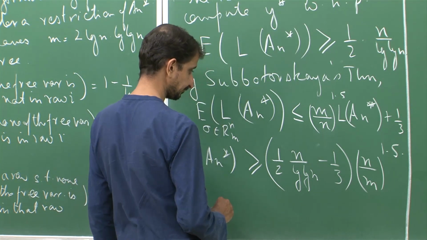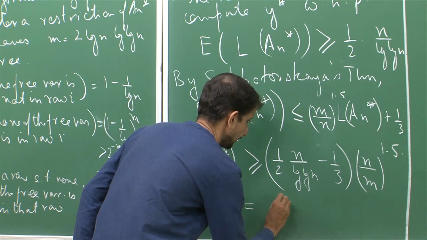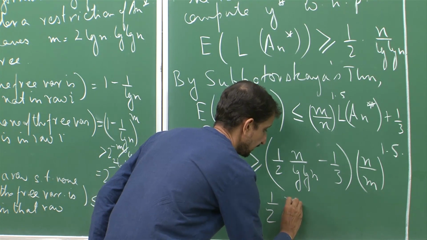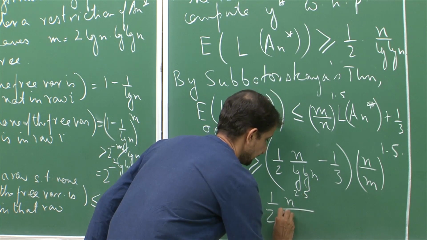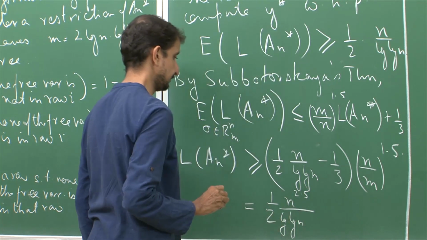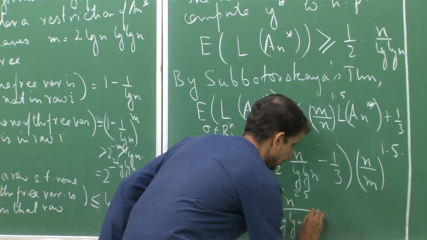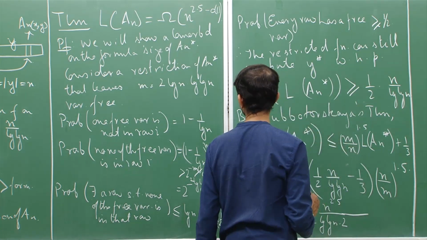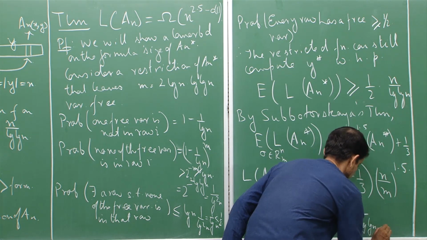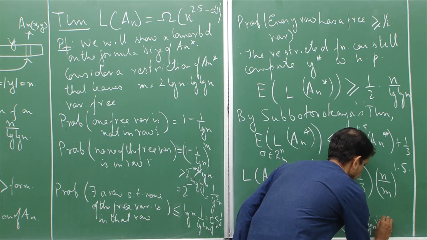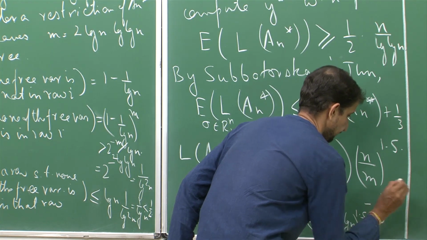So, this is equal to half n to the power 2.5 divided by log n times 2 log n to the power 1.5, minus 1/3.